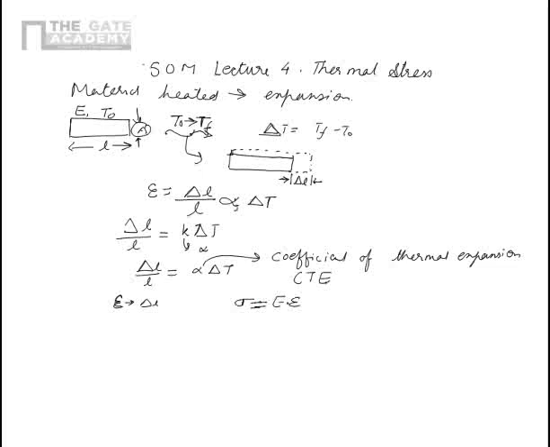But we should also understand where sigma equal to E epsilon is valid. This is valid in those cases wherein there is a stress generated in the material, and we know from the definition of stress that stress gets generated when there is a load applied, and the object resists that load. So if there is a load applied and the object resists the load, then across any cross section normal to the load applied, there is internal resistance built.